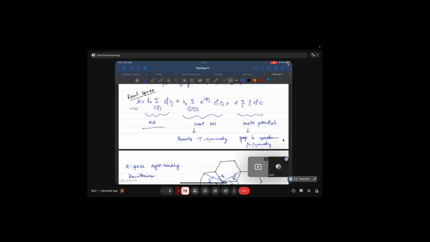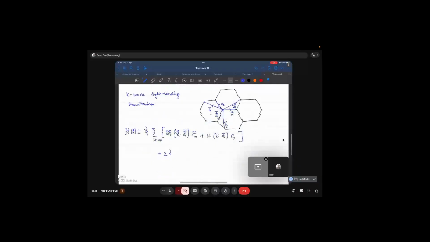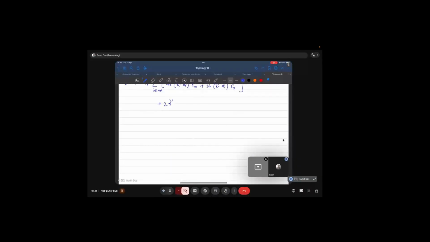And then plus, let me write just gamma prime: gamma prime cos phi, where i goes over next nearest neighbors, cos of k dot bi, because bi connects the next nearest neighbors.